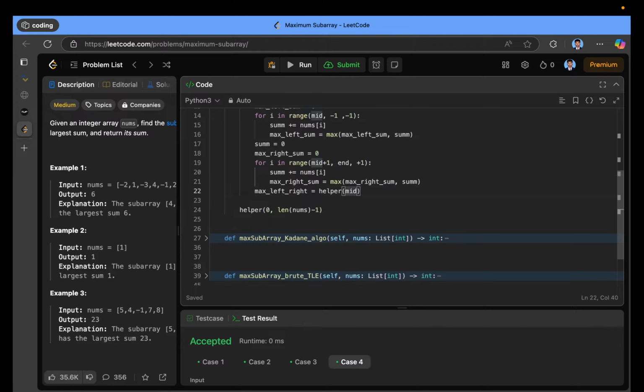Okay, from left to right, so I think this should be the answer. Helper from start to mid and helper from mid plus 1 to end, and this should be whatever the max is.